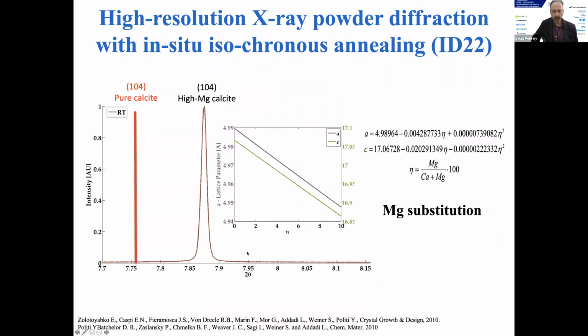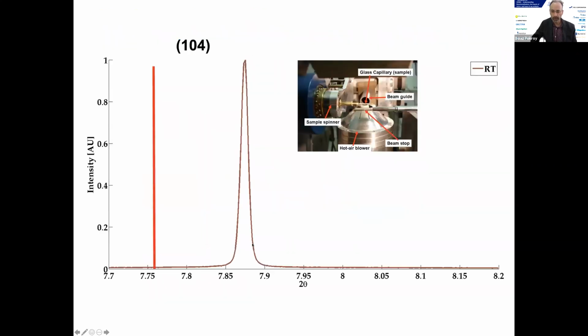And as has been shown by Emil Zolotoyabko and co-workers, you can actually very nicely correlate the exact diffraction peak position to the concentration of the magnesium that substitutes calcium in the magnesium calcite. So this is something which we all the time have to remember, that the peak position can also be very, very finely tuned by the concentration of magnesium.